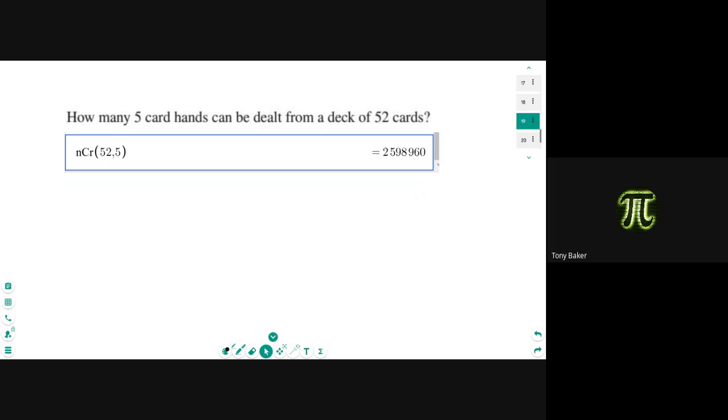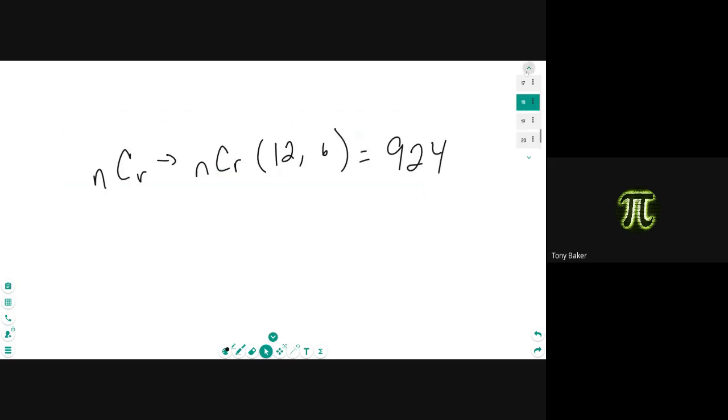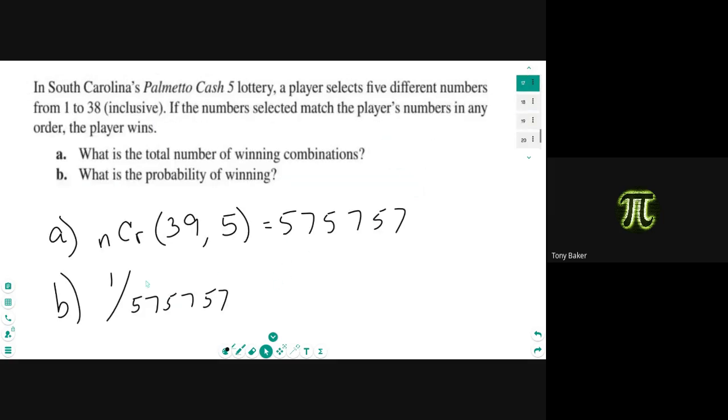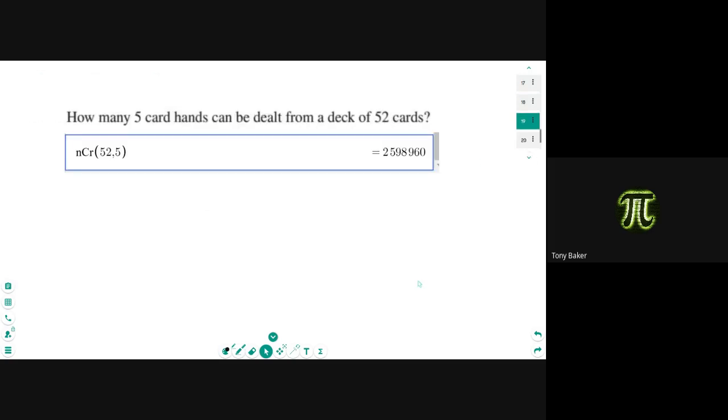There are 4 different royal flushes I can get out of that many possible hands. And this was the probability of winning the lottery. Remember, one out of the total. So, do you have a better chance of getting a royal flush or winning the South Carolina lottery?